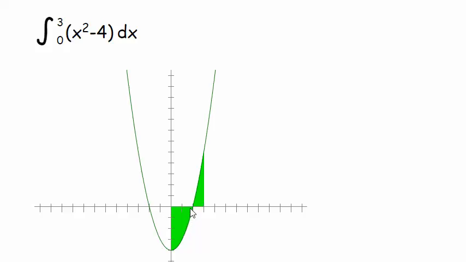When we calculate area, it's always a positive number. Can't have negative square footage of a house or something, at least not in the space we live in. So what we're going to end up doing here is we're going to find this area, and then we'll find this area, and then we'll add them together and be done with it, right?